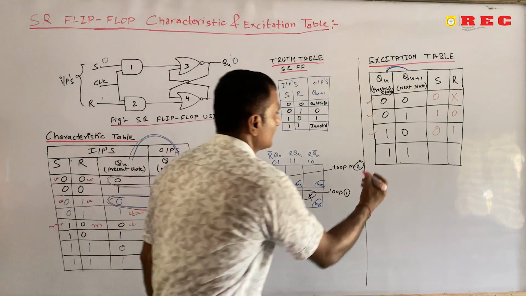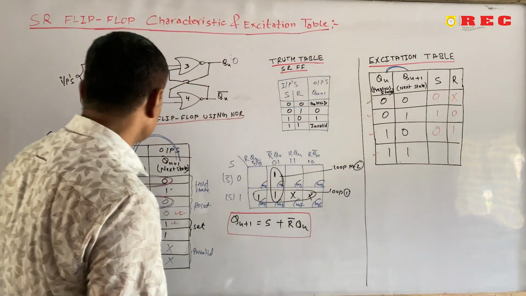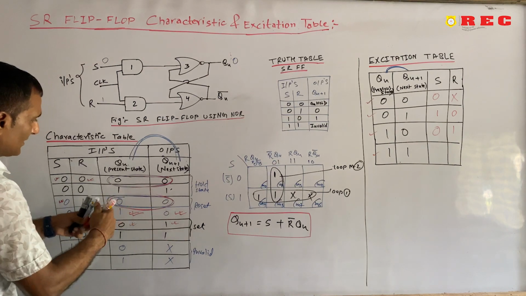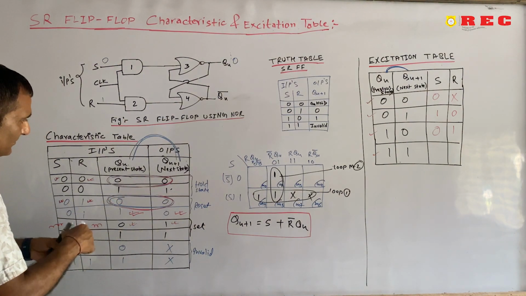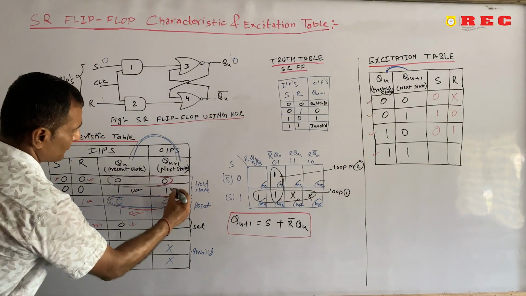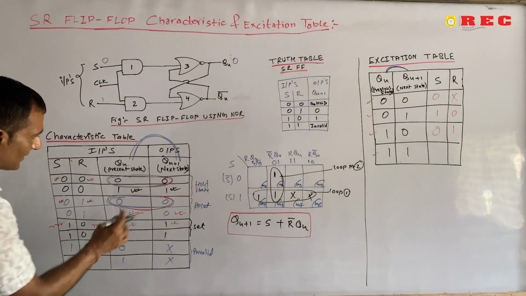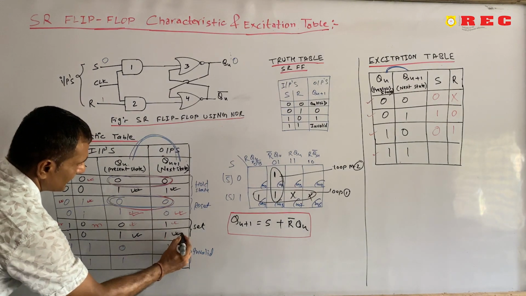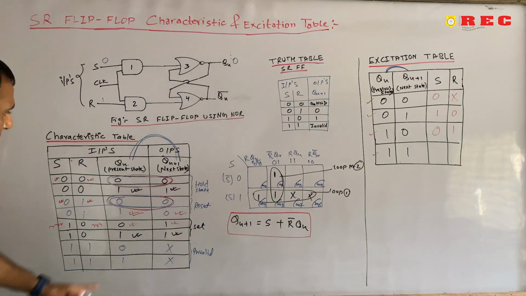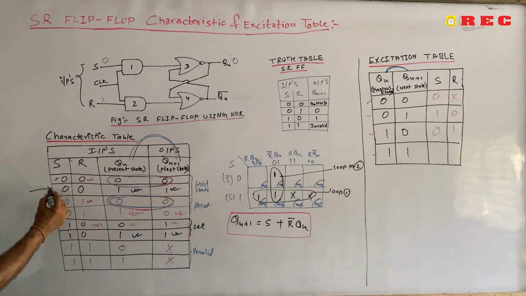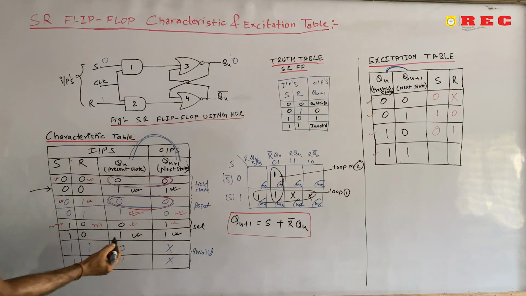Now the last one, 1 1. So find it in this table, here is 1, I will mark it with black here, and Qn plus 1 is also 1, and next again here. On that time you will see what is the value here, and here is the 1 1.